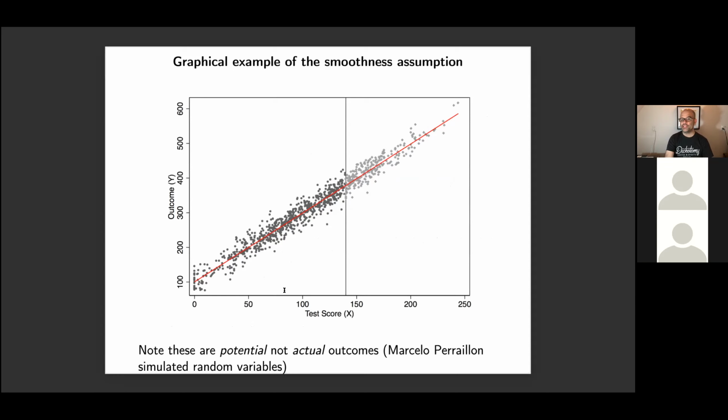So here's an example of smoothness. I fit this data. This is again from Marcella. I simulated this data. These are dots below the cutoff and above the cutoff. And I fit the lines here and I fit the lines here. And they touch right there. Okay, so they touch right here.